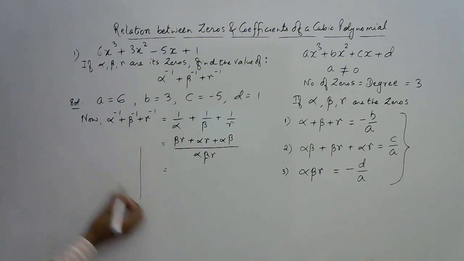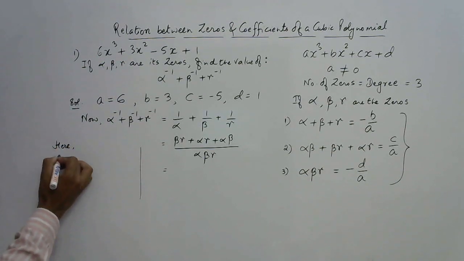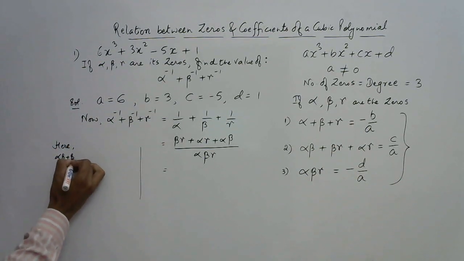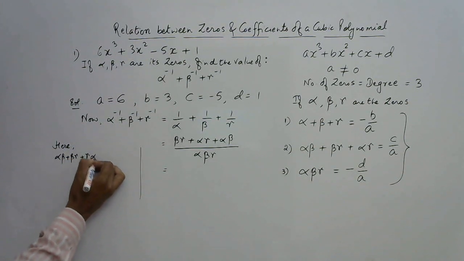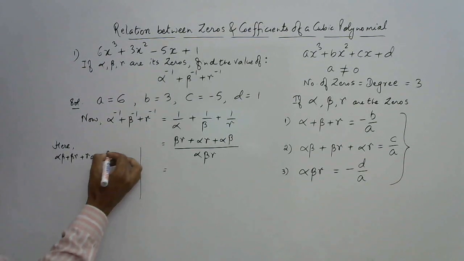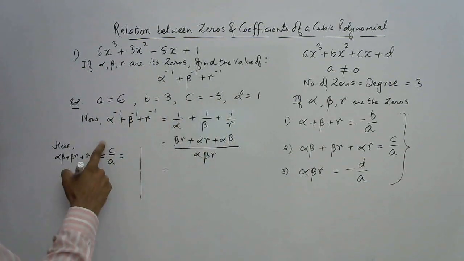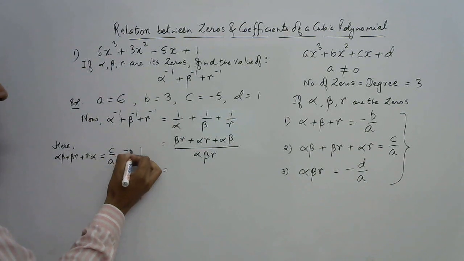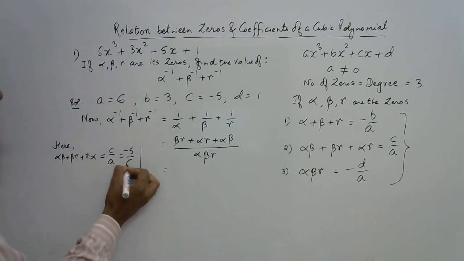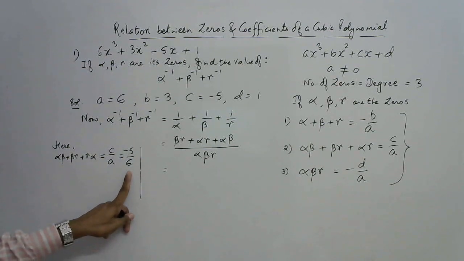See, I am solving it here. Here, alpha beta plus beta gamma plus gamma alpha is, see the relationship, it is C upon A. And I have already written the values of A, B, C, D here. So C upon A, C is minus 5, upon A is 6. So we have the value of the numerator as minus 5 by 6.